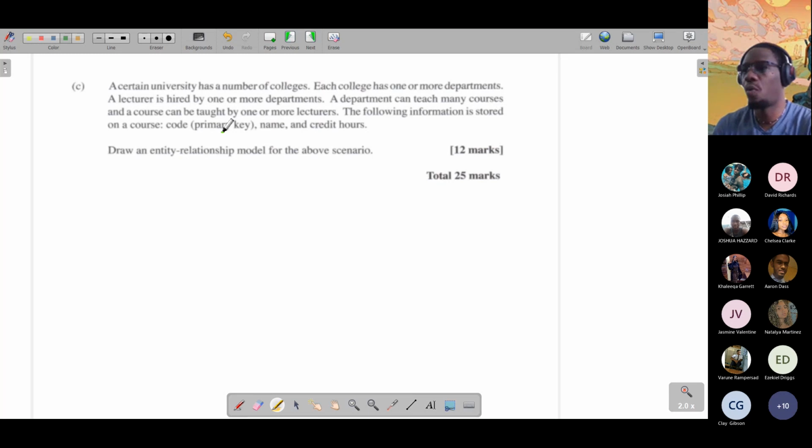I expect some people to tell me something that is not an entity here because you might think it is, but it's not. What is the first entity that they've identified here for us?